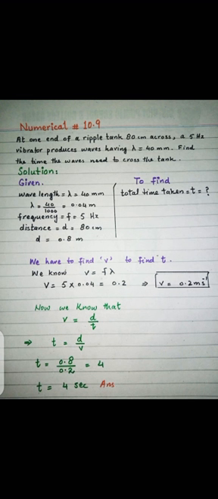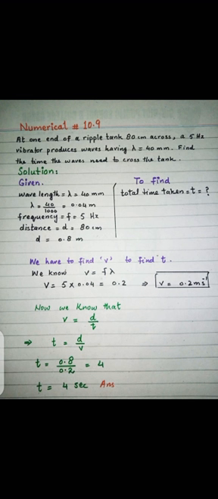first of all, to find out the wave speed, we know that v equals f lambda. By putting the values of f and lambda, we get v equals 5 multiplied by 0.04 which is equal to 0.2. Hence the wave speed is 0.2 meter per second.